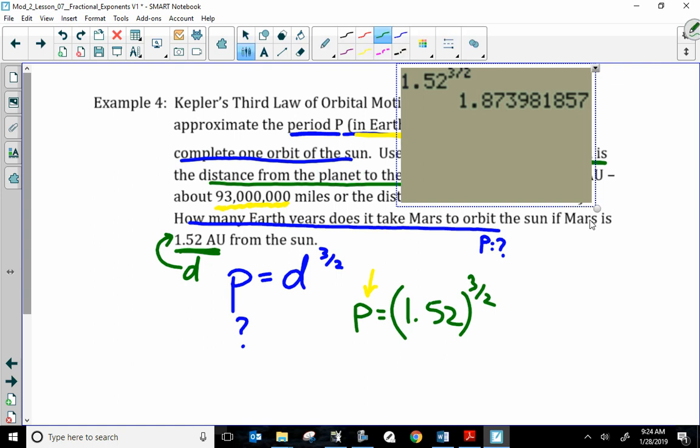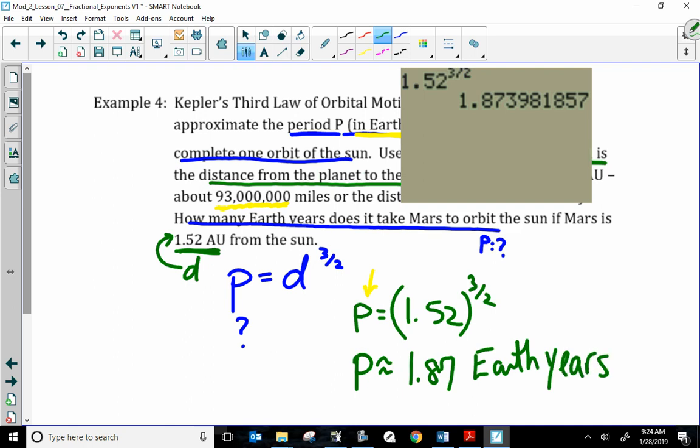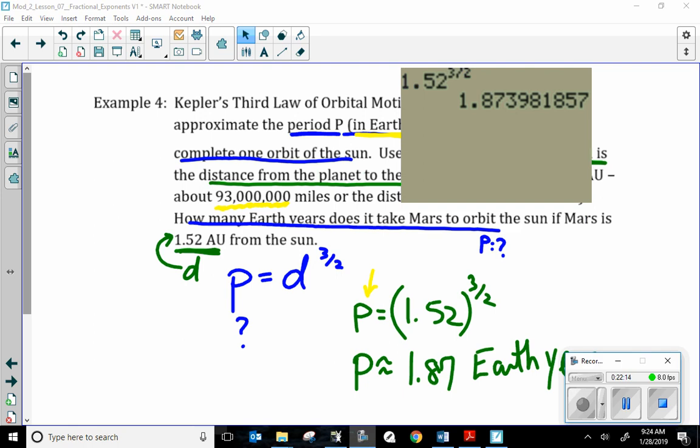So that will say the period is approximately 1.87, and that answer should be in Earth years, right? There you go. That's it. It took longer to read that and dissect it than it did to do the math. And, you know, such is the way of the word problem.